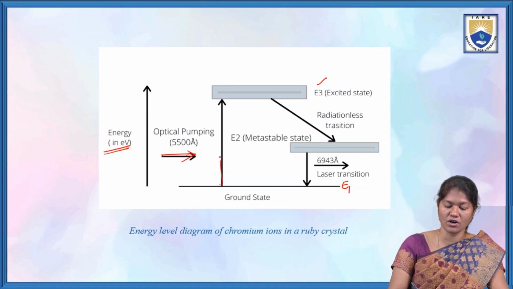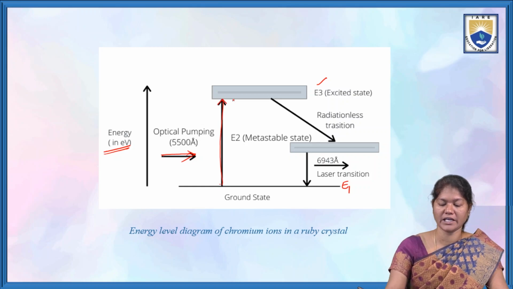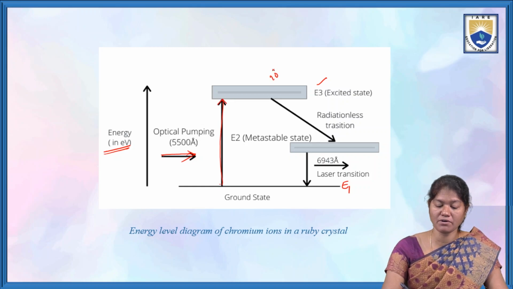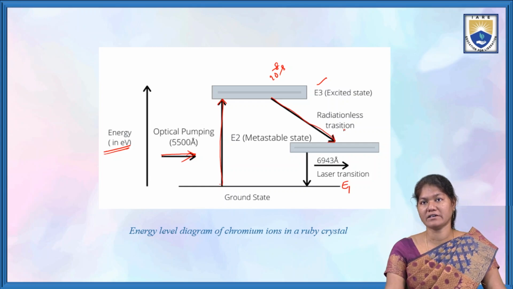So chromium ions get excited to E3, and after 10 power minus 8 seconds this transits to the E2 energy state, which is called the metastable state.